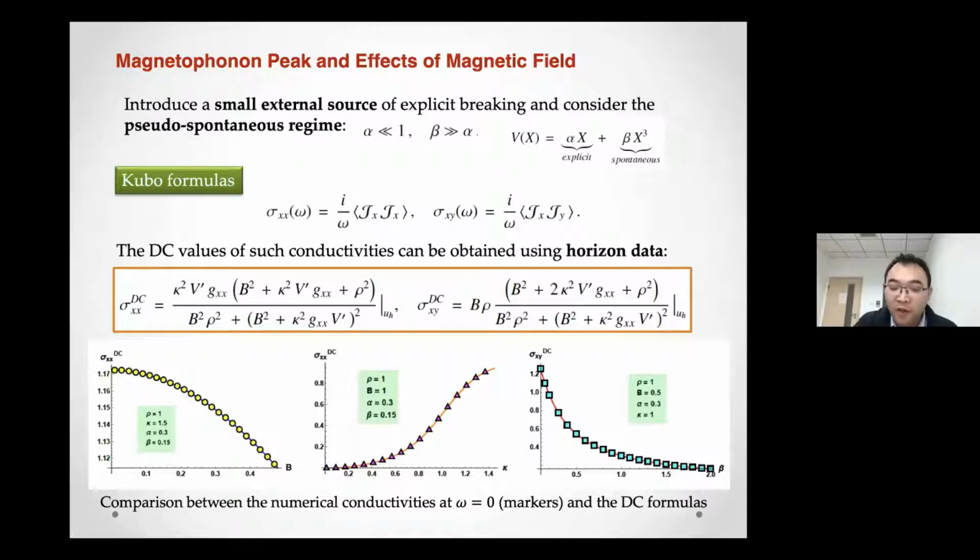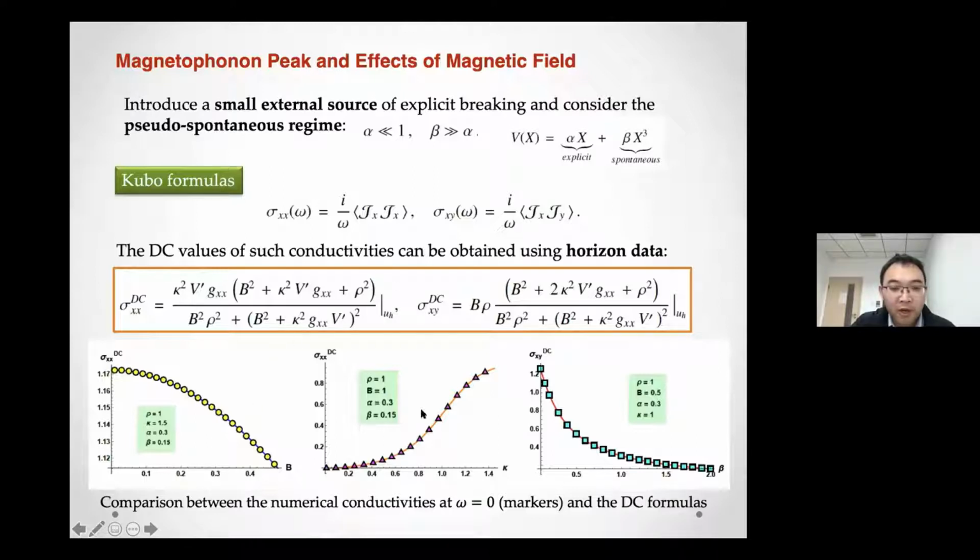This is very easy to calculate using holographic techniques. For the DC value, the conductivity at zero frequency, we have a very nice formula to calculate the DC conductivity using the horizon data. This is the general result for an arbitrary potential V. This is the magnetic field, this is the charge density, and all these values are evaluated at the horizon.